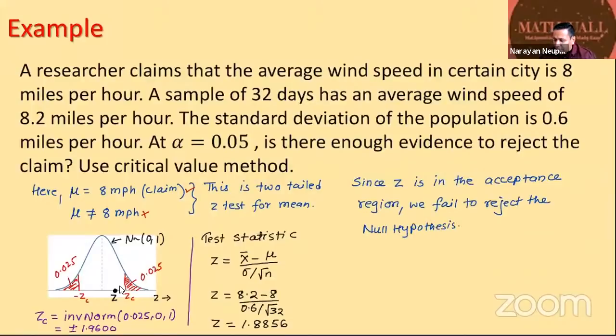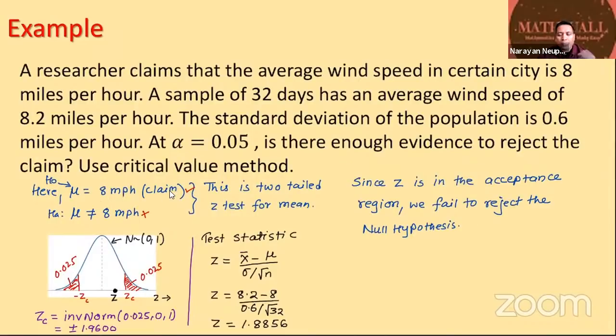That means we are not rejecting the null hypothesis. Instead, we are rejecting the alternative hypothesis. That means we are putting the check mark with the null hypothesis, because our first one was the null hypothesis, and this one is the alternative hypothesis. So clearly, we are not rejecting the null. We are accepting the null hypothesis. That means we support the claim.